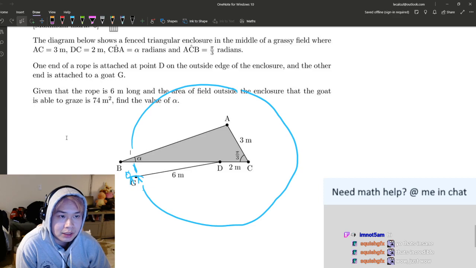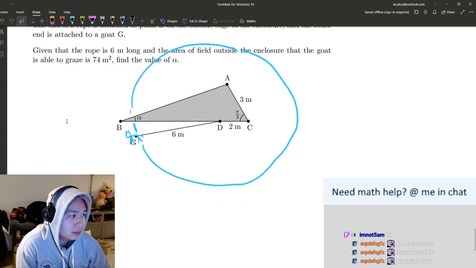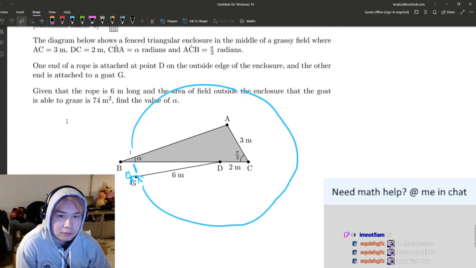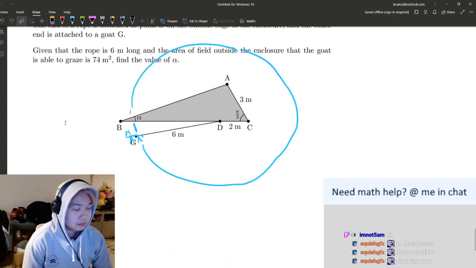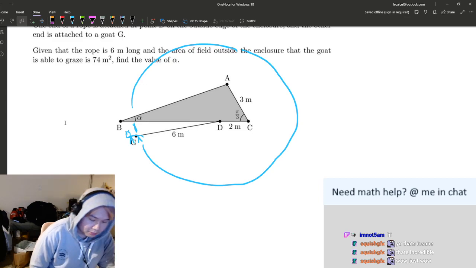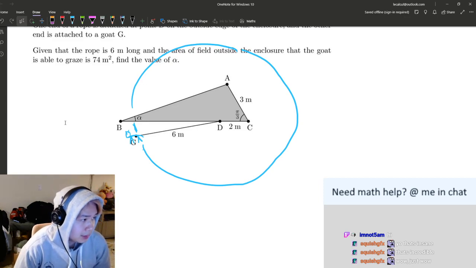And so we need to find the value of this angle. Okay, well, let's start with some basics.